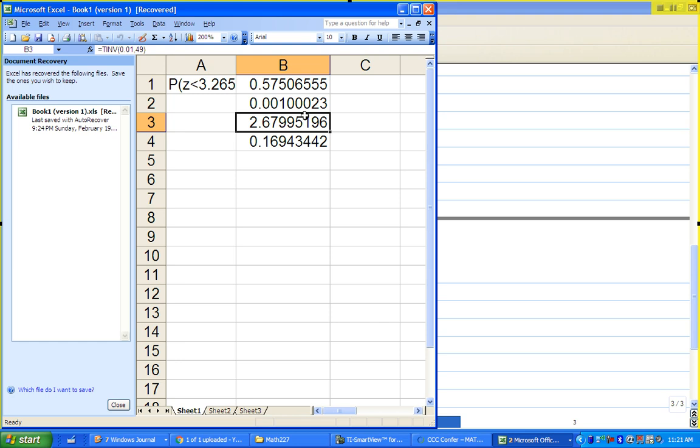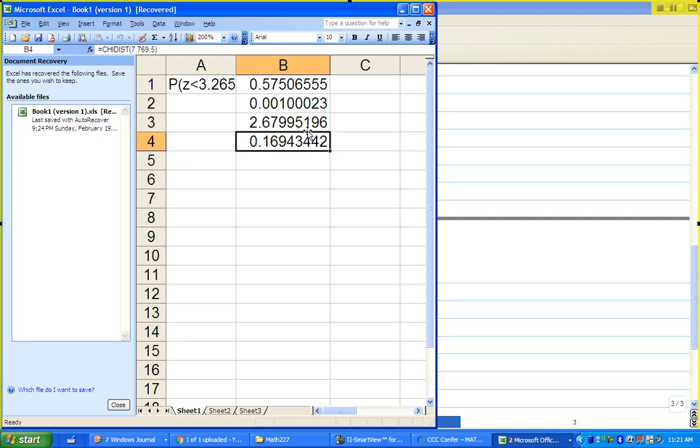That's the same sort of quantity as norm inverse. So you just say T inverse. Again, they don't have the dot. And the probability is 0.01, and my degrees of freedom is 49.